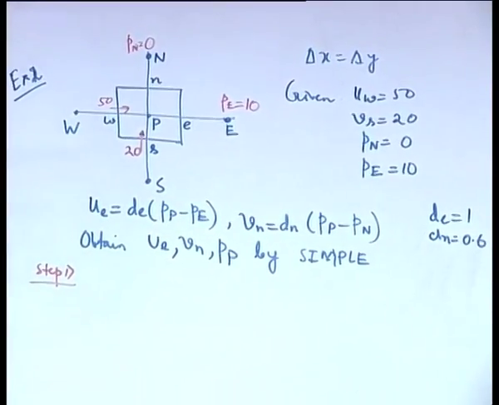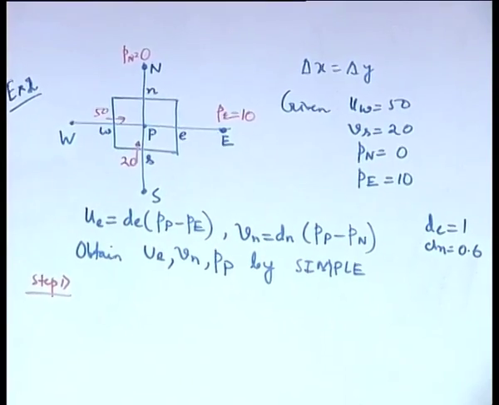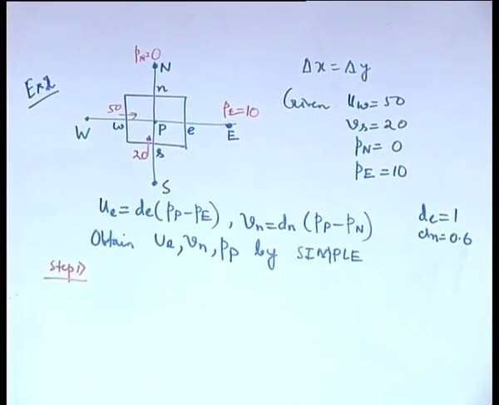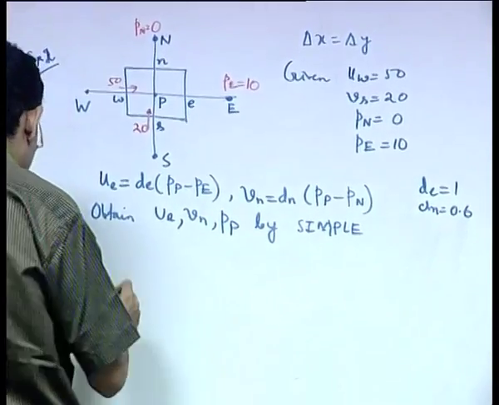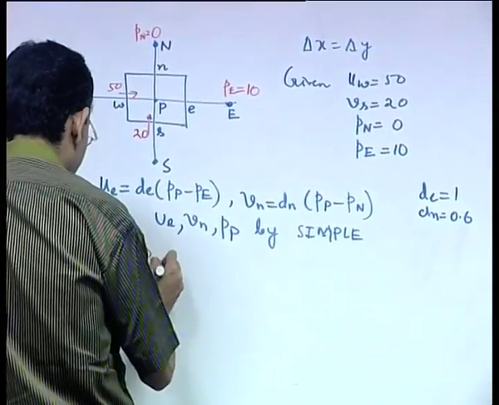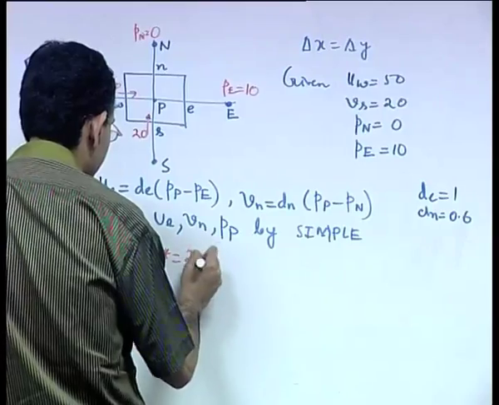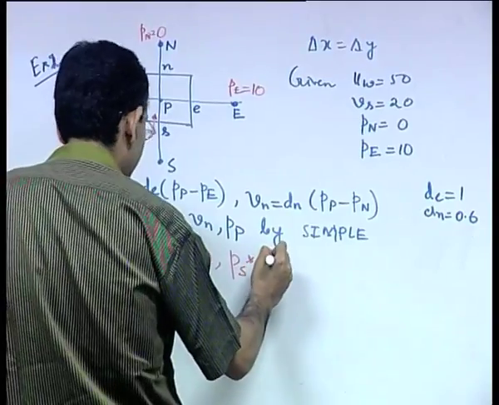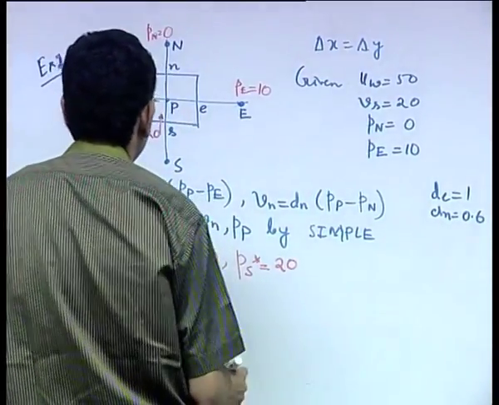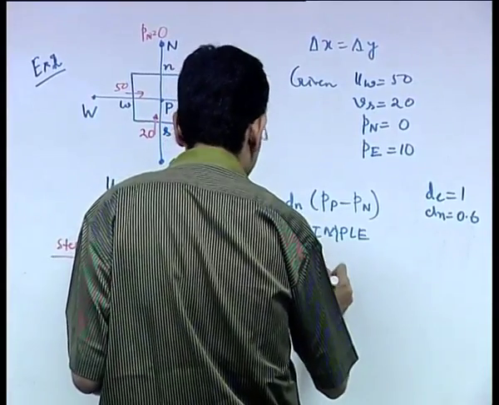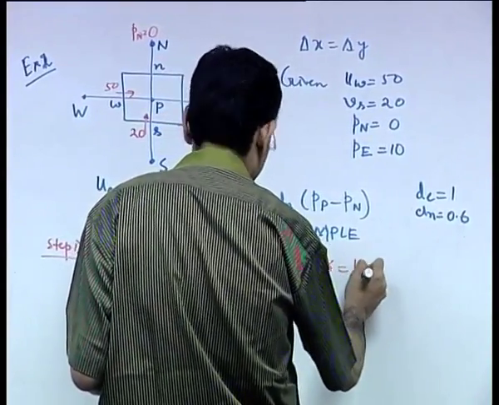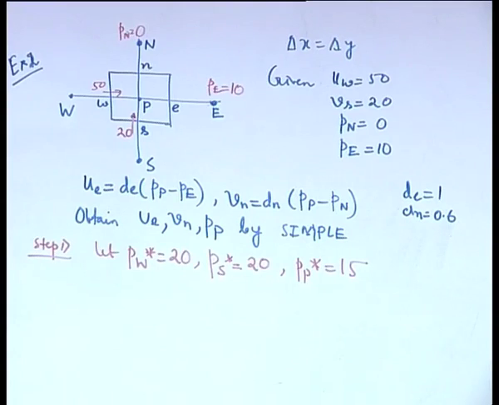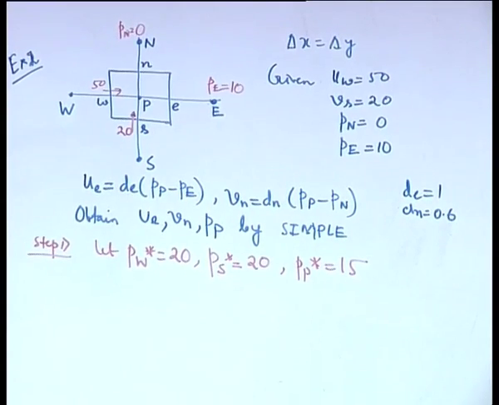Guess pressure values at the points where pressures are not given, that is capital P, capital W and capital S. So, let us for example let Pw star equal to 20, Ps star equal to 20 and Pp star equal to 15. Just some arbitrary guess values.